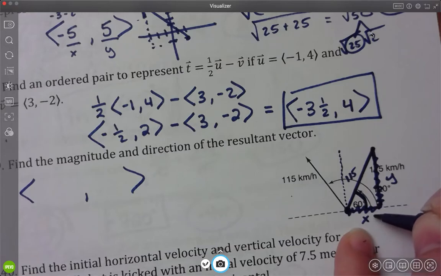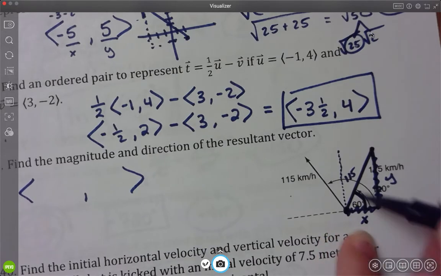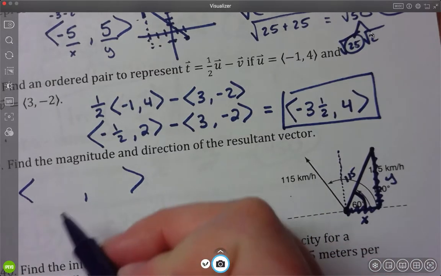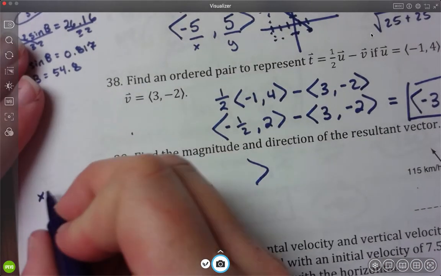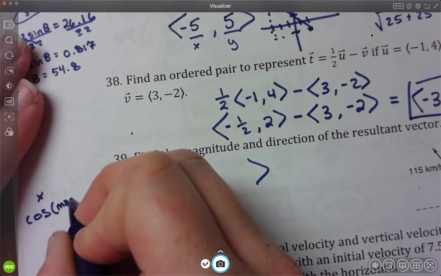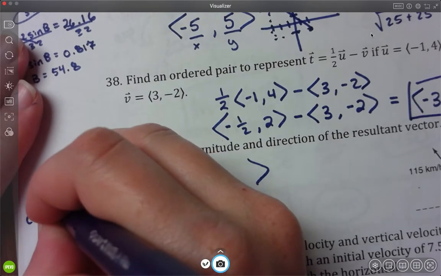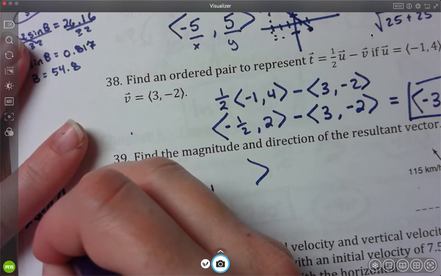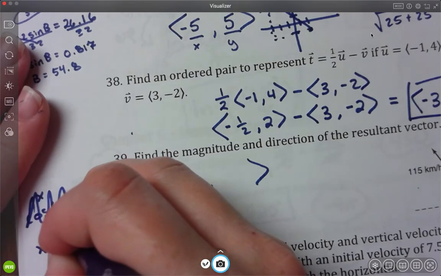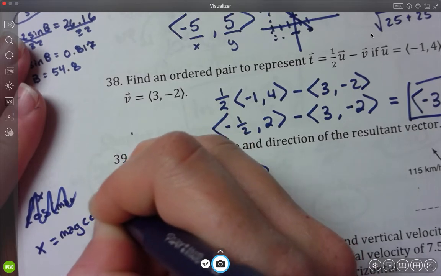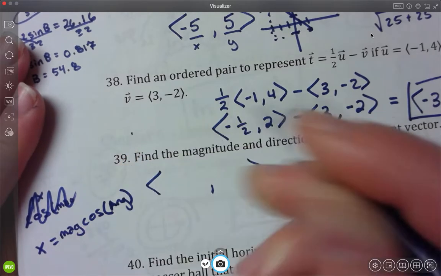If I'm trying to solve for x, I would do cosine because I have the adjacent side and the hypotenuse. Okay, so the x direction, you might have remembered from our notes, X equals magnitude times cosine of the angle.